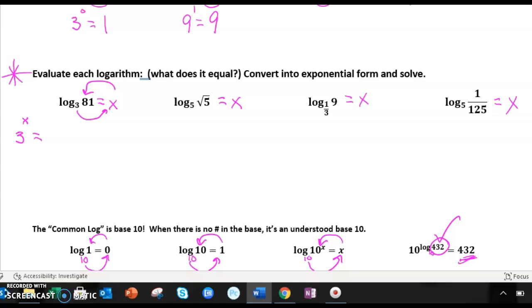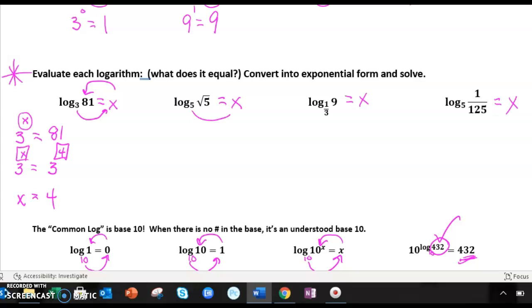You could take a calculator and play with it. It's not 3 to the third because that's 27. It's actually 3 to the fourth power. Or you could get like bases, like we did yesterday. 81 is 3 to the fourth, so x equals 4.